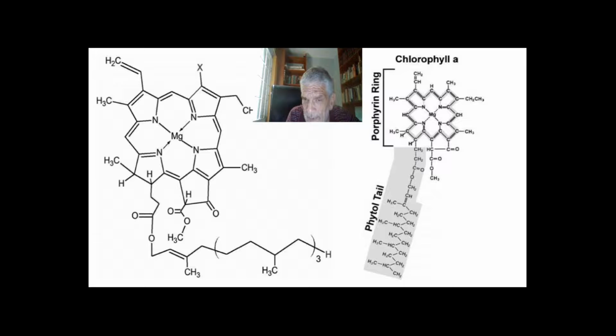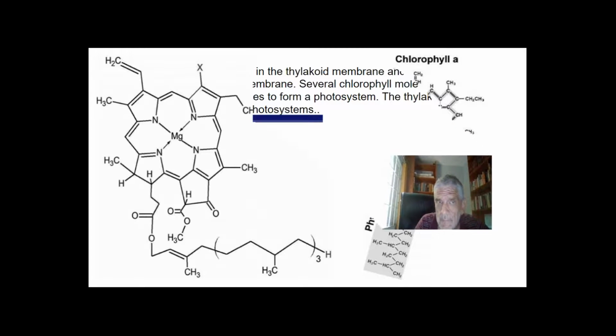The phytol tail is not. So the porphyrin ring lies on the top of the granum sac, and the phytol tail dissolves into the membrane. And you can see that here. The long phytol tail dissolves in the thylakoid membrane, and the flat porphyrin ring rests on the thylakoid membrane.